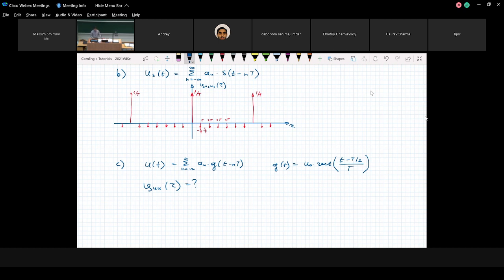Wait a second, this is how you do the Fourier transform if you have an infinite sequence of rectangular pulses.